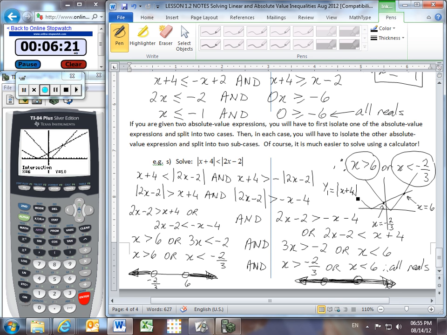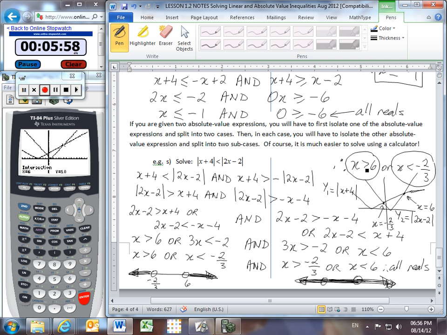And the second curve, let's label it there. y2 is the absolute value of 2x minus 2. And I can see then that my absolute value of x plus 4 curve is below the other curve in this region here and in this region here, which is that solution there.